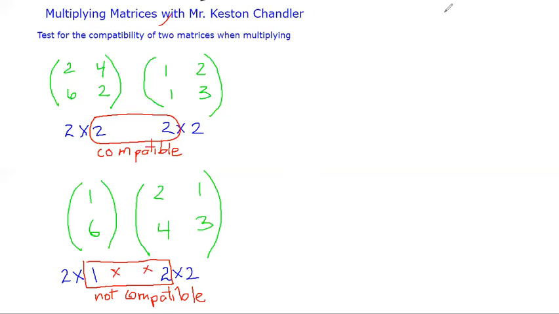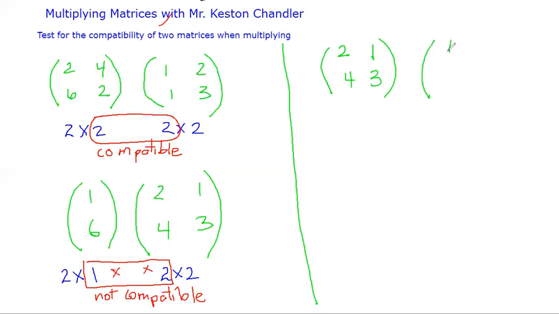But let me look at another scenario. Let me draw a line down here so we can separate it. What if I had the other way around? I had 2, 1, 4, and 3, and this is being multiplied by 1 and 6. I know we checked it just now and said it's not compatible, but things are a bit different with matrices.